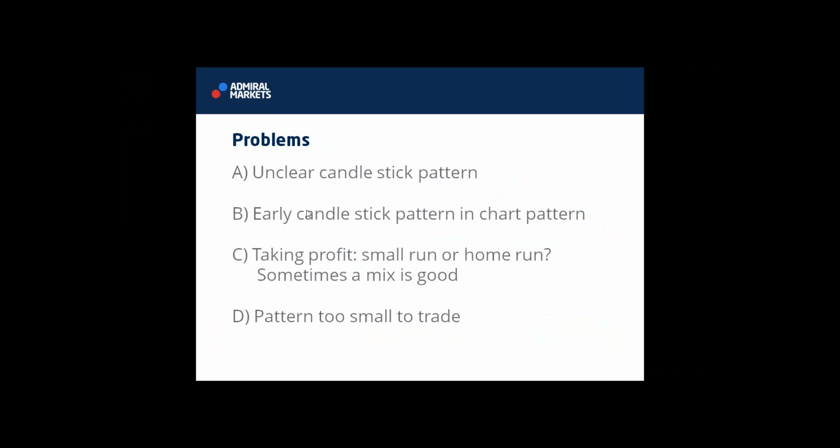Sometimes we can see an early candlestick pattern in a chart pattern. For instance, if we have a contracting wedge, we have a downside up. Let me just draw it like this. And we see a candlestick pattern at the red circle.